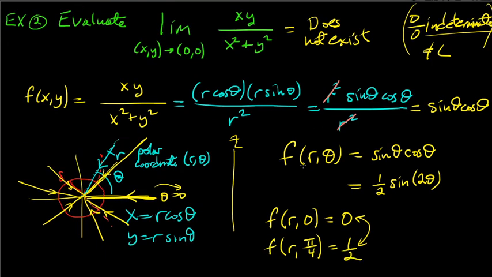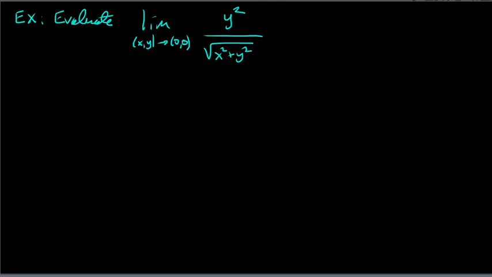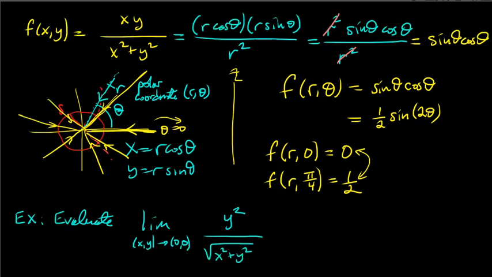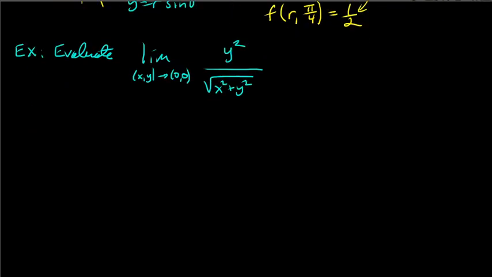Okay, so let's do another one. We want the limit as x and y approach 0 and 0 of the function y squared over the square root of x squared plus y squared. So you can see it's not completely different from the previous function, but a little bit different, right?